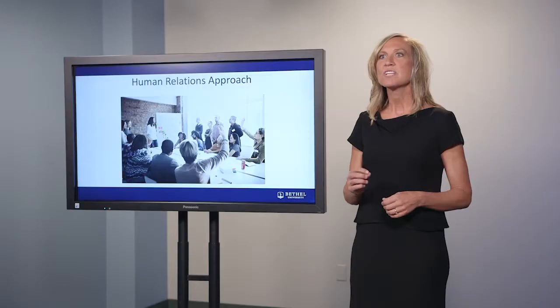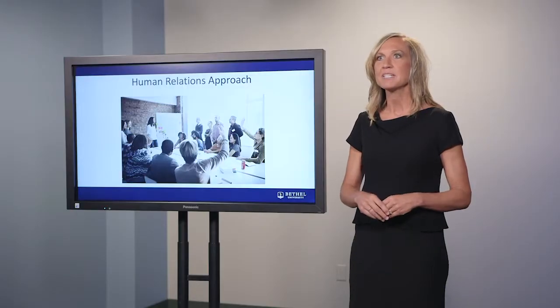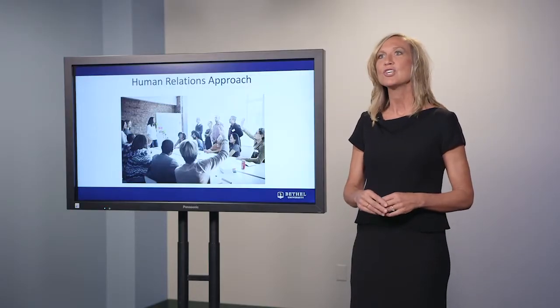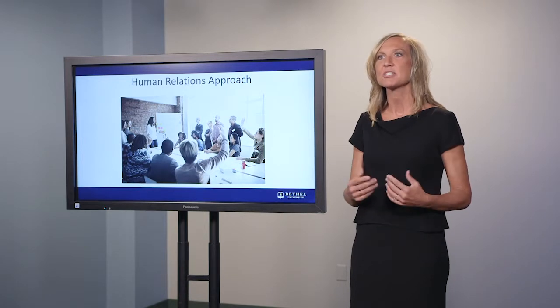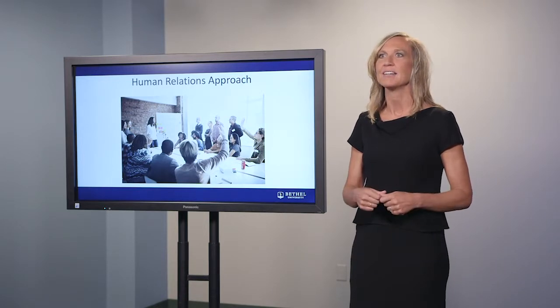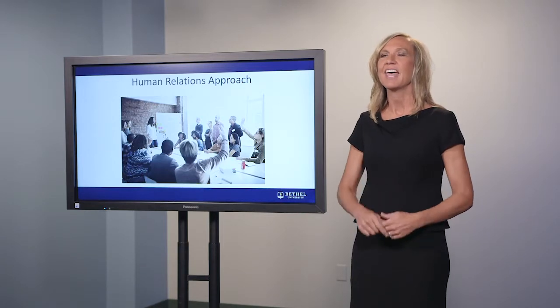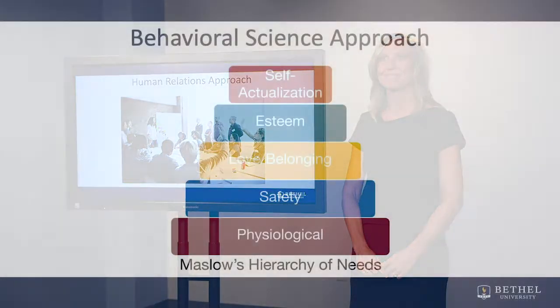The manipulated factors did not impact performance. Researchers discovered that improvement in productivity was due to human social factors such as morale, feelings of belonging, motivation, participating in decision-making, and effective communication.